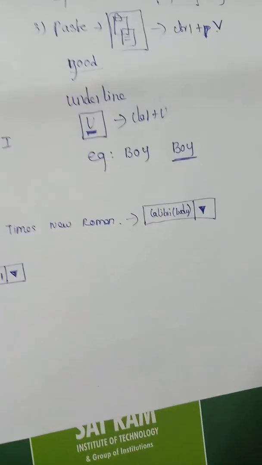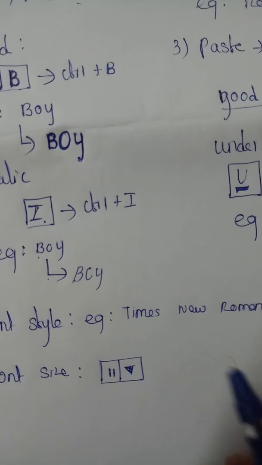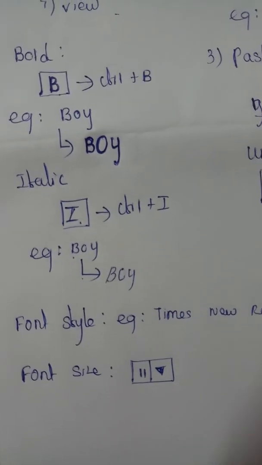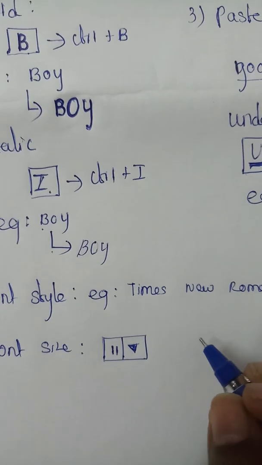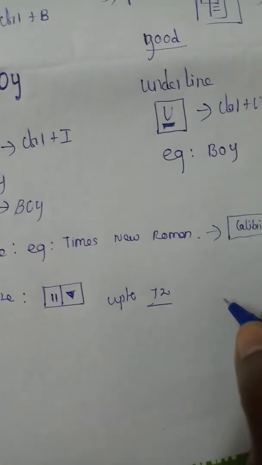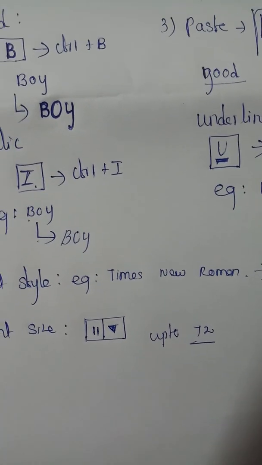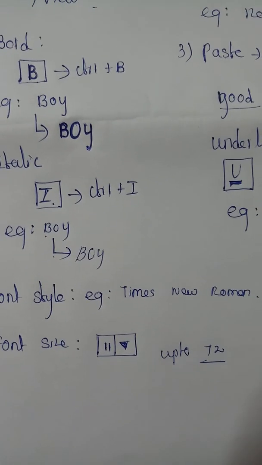You can select your fonts, and then this is the font size. When you click this icon, it will display sizes up to 72. You can select any of the sizes and apply it to your heading or a word or a sentence.